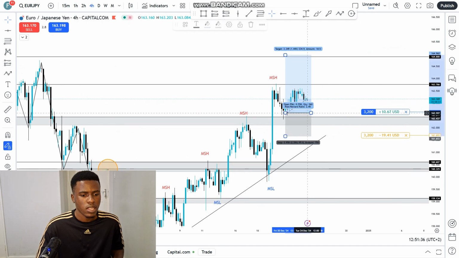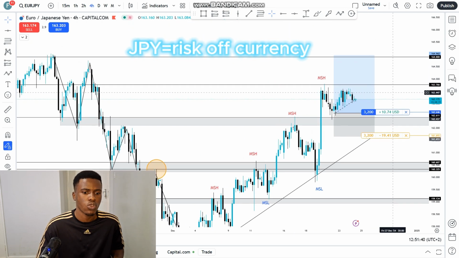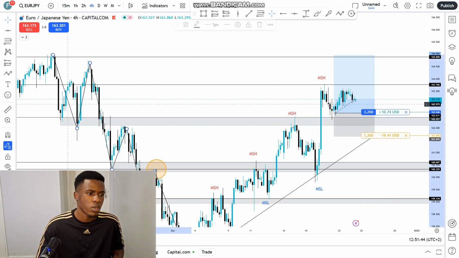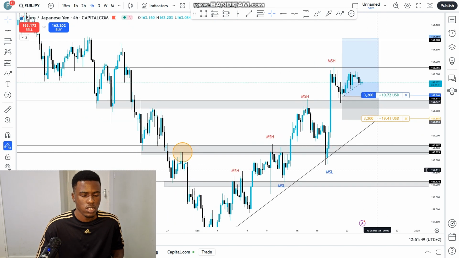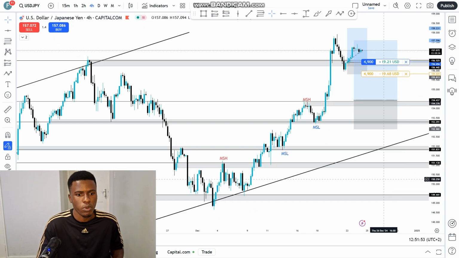So people are taking their money to those risk assets, and the Japanese yen is not a risk asset. Also the economy is not performing as well as it used to, right? So this is the first one right here, and let's move on to the USD/JPY.